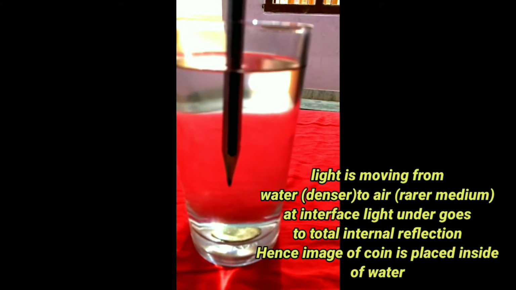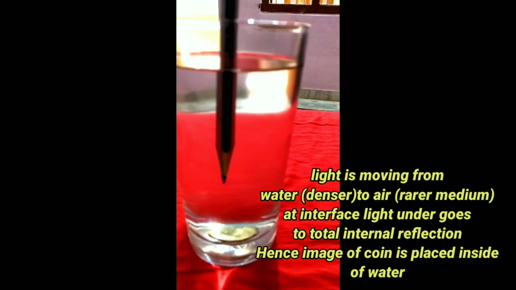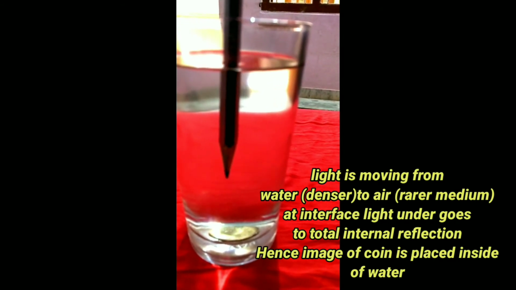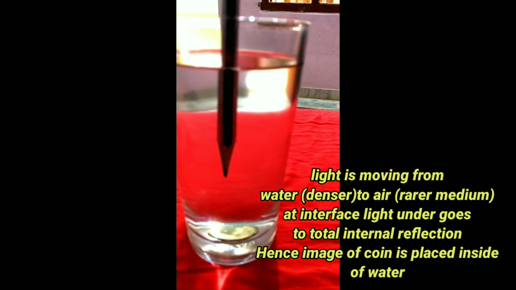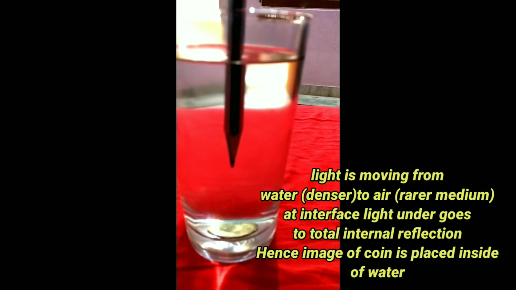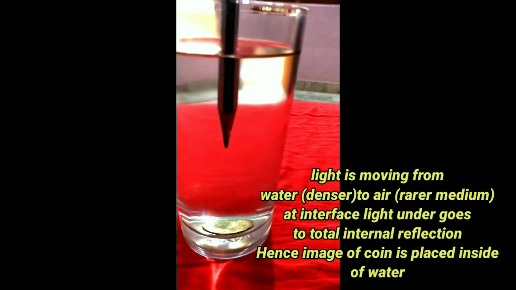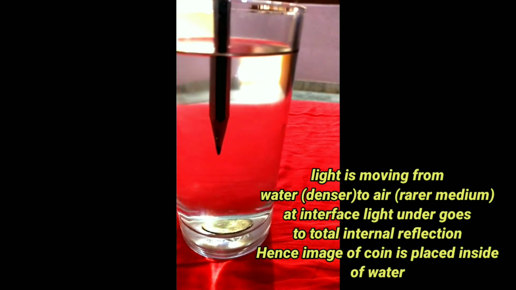That's why, while the light rays come from water to air, at the interface they are reflected back. Due to that, the image is formed in the middle of the glass. So that is the application of total internal reflection.